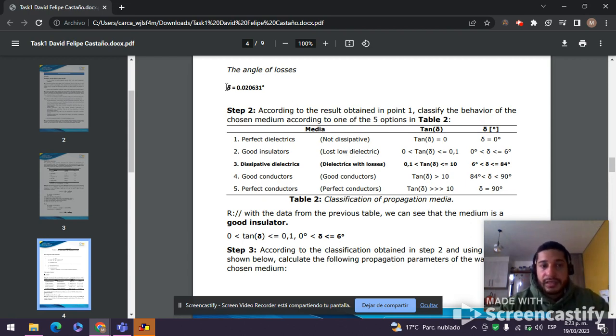As we can see, it is less than 0.002, so I will use the dissipative dielectric. Why? Because the loss angle is less than 0.1.